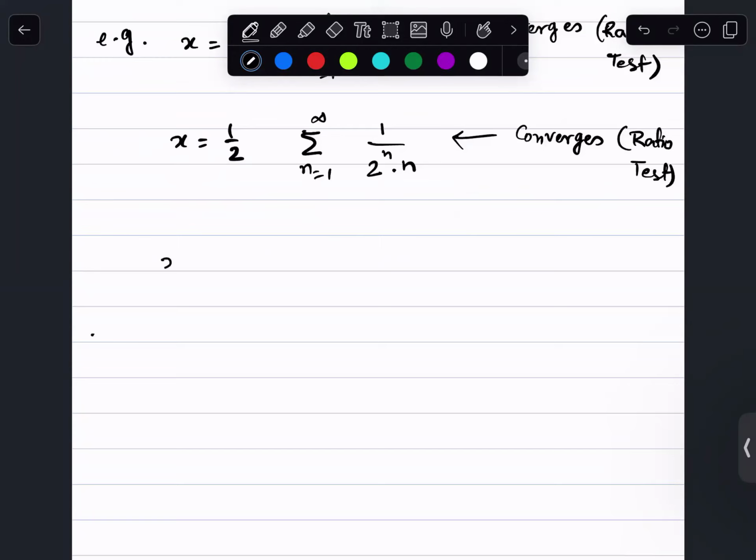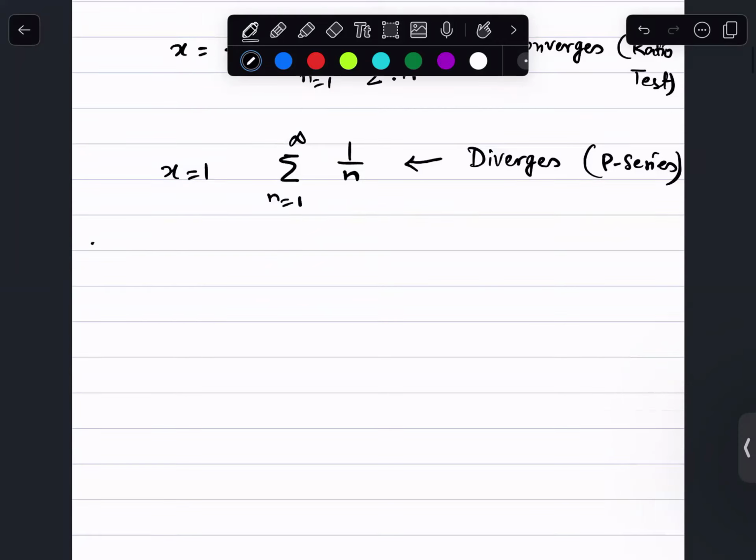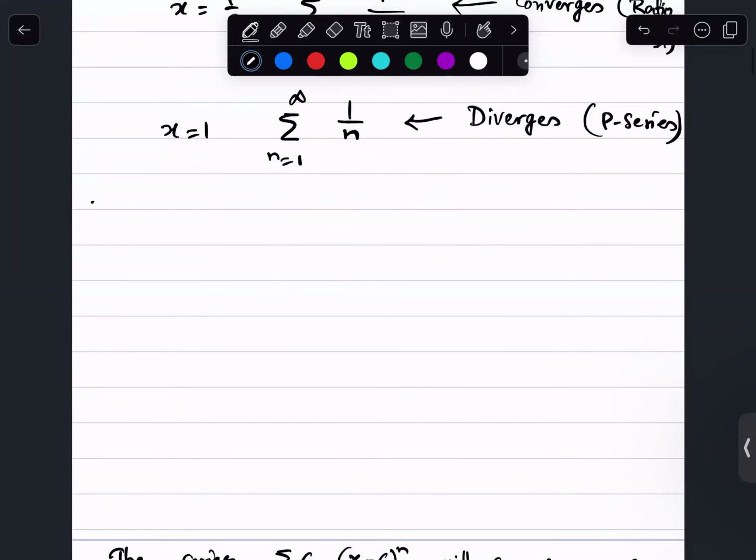For x equal to 1, my series will be just 1 over n, the famous harmonic series, and we know that this is diverging, a p-series. If I take x to be -1, then my series becomes (-1) to the n over n, n equal to 1 to infinity.